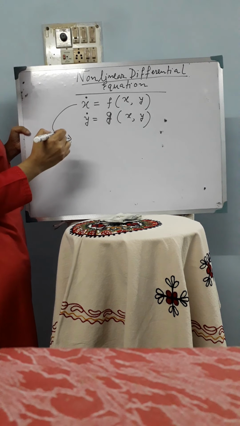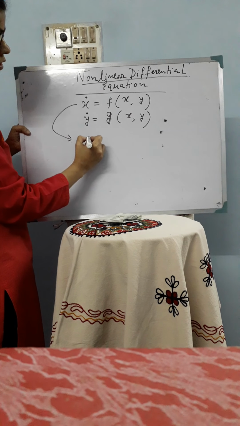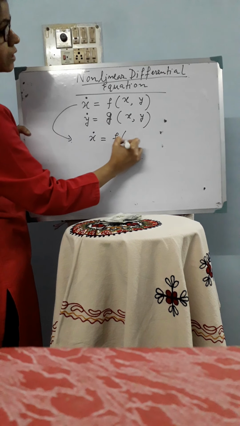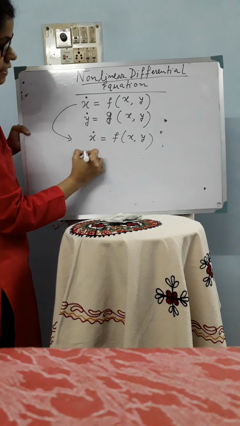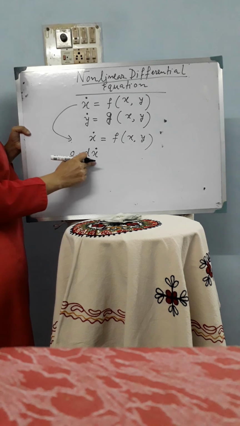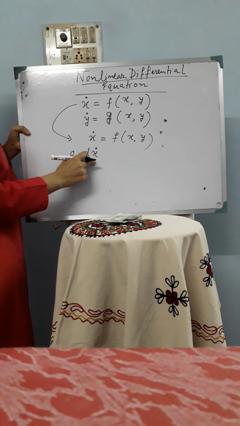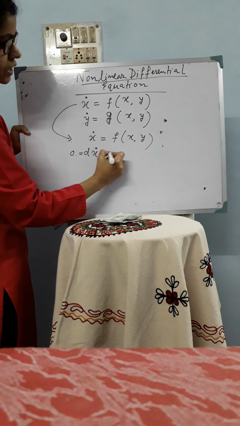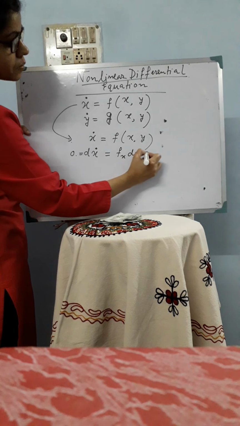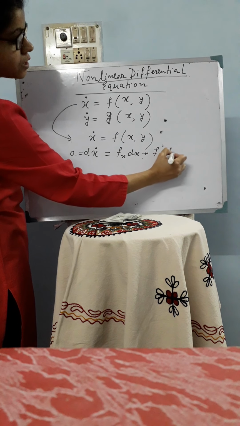Now when we have the stability, we can consider that dx dot is equal to 0. So that is, the change in x, change in dx/dt, is 0. So in that case we can have on the right hand side fx dx plus fy dy.